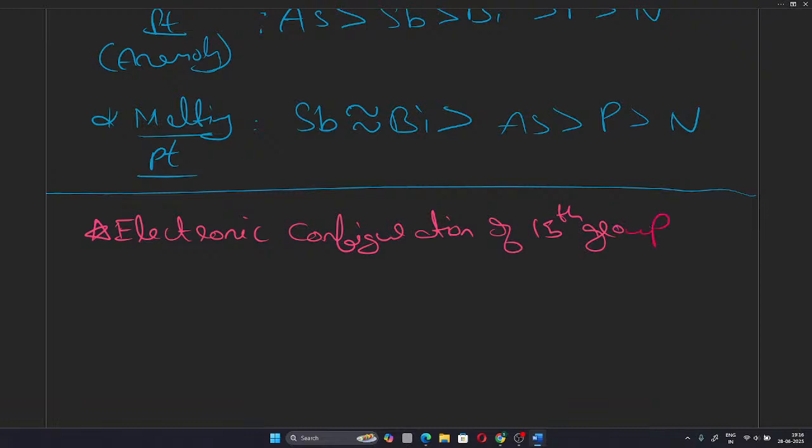The general configuration I gave before was for the p block elements.